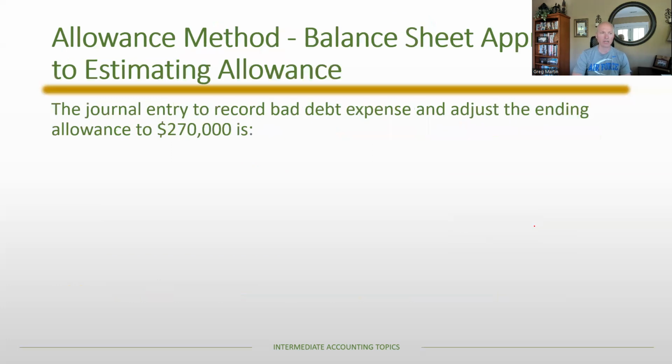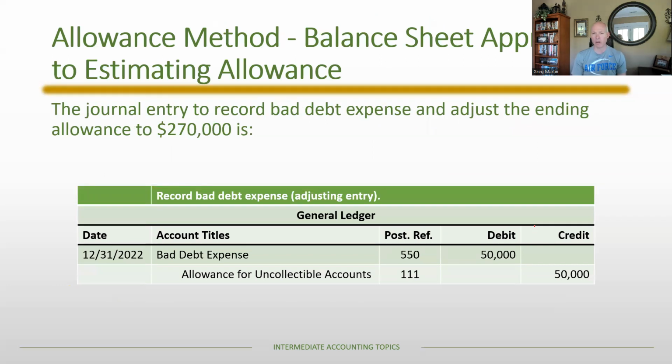So then we take that information into the journal entry, we debit our bad debt expense, we credit the allowance, and now everything is up to date. So now in our journal, the entry has been made in order to get the allowance for doubtful accounts balance to $270,000. And that is the way we get our bad debt expense using the allowance method, which is the balance sheet approach of the allowance method.